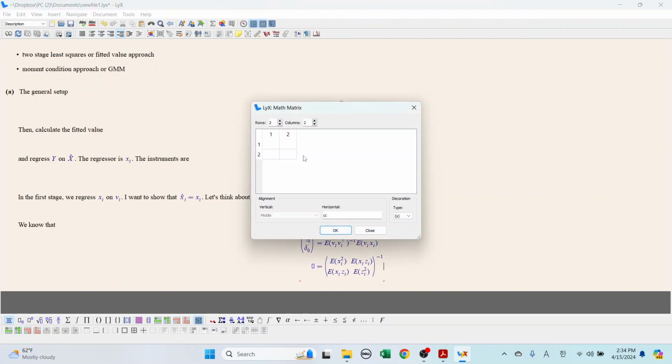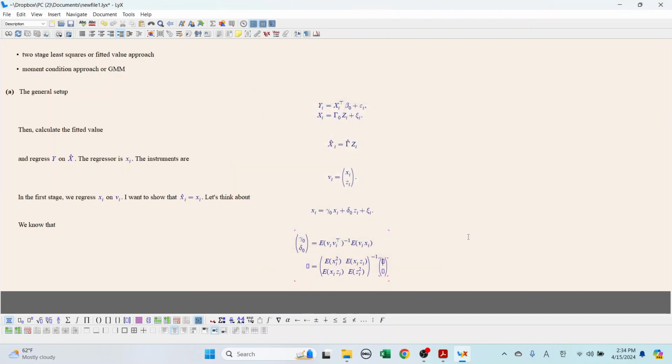You can rewrite this as the expectation of x_i squared and the expectation of x_i z_i. So basically there are only three different objects: x squared, z squared, and their covariance.